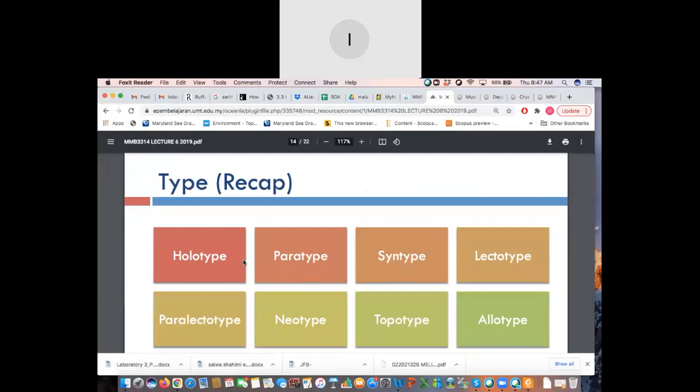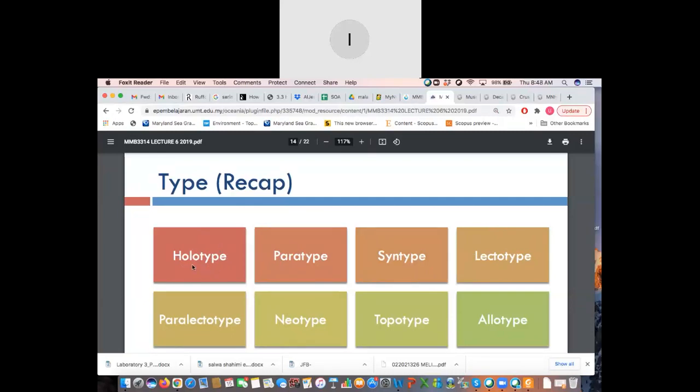I might not go too long with this, but remember the name-bearing types are again the holotype, the neotype, your syntype, and your lectotype. The paratype is usually so called because para means it's parallel to the holotype, because the information that you've gathered is similar to that of the holotype.